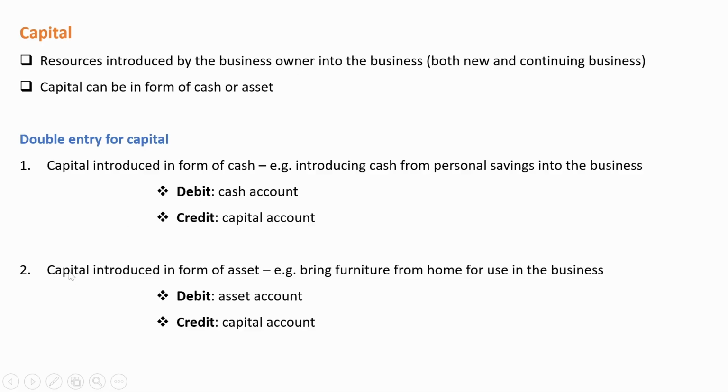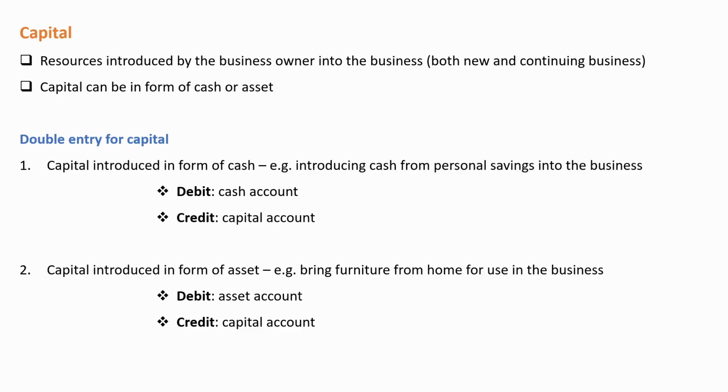So number two, we have another type of capital, and this is capital introduced in form of asset. And here is an example: bringing a furniture from home for use in the business. So if you take a furniture from your house and you use it in your business, we also consider that to be capital.